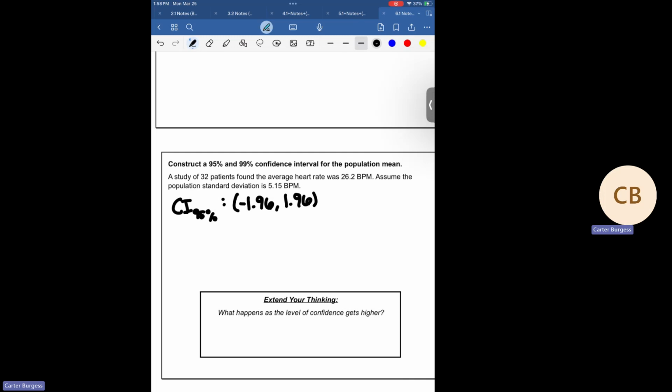Or you can copy and paste your answer from the first one. That's perfect. That's right.